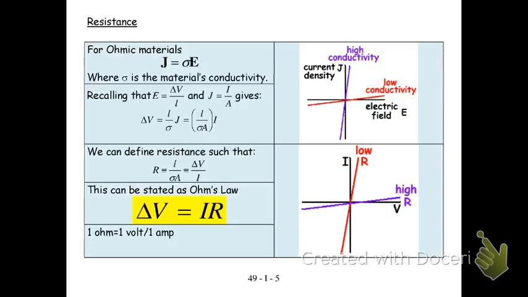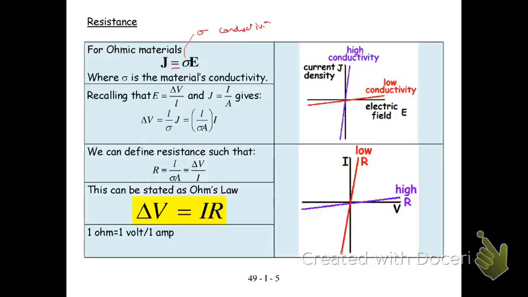We're going to use it later, like now. For ohmic materials, wires, that kind of thing, the current density is equal to your conductivity, sigma, times the electric field.